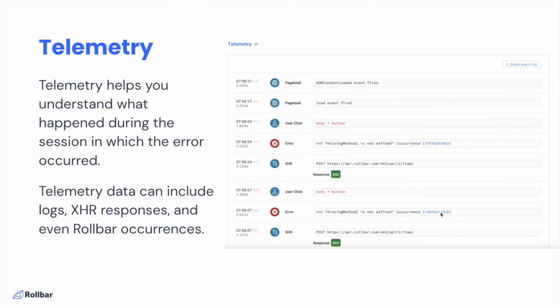Errors will be bundled together here into this single session, so we can see the different occurrences. This is a very rudimentary workflow that I do. I have 2 broken buttons, and I'll click them both so we can see each one. Missing method 1, missing method 2. But it does keep this in chronological order as well. So we have a very detailed session story, and this can help understand what happened right before or after that event. You get a better understanding for those minute details that happen around a given item.